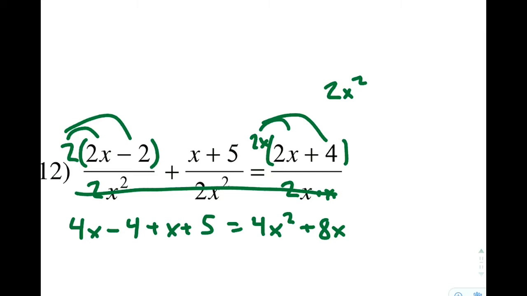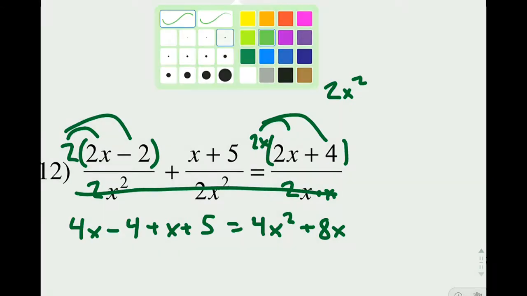Whenever we have a squared term and it doesn't look like it's going to cancel out, instead of getting x on one side and numbers on the other, we want to get everything on the same side. So in my case, I'm going to say let's get everything to the right side of the equation.